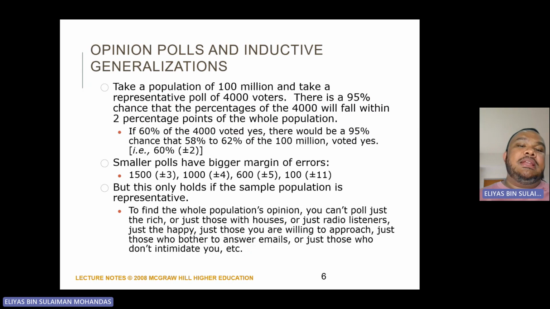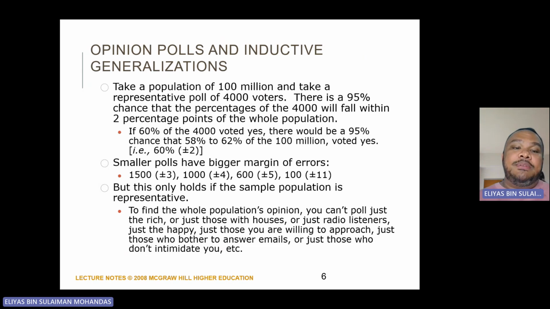Now, opinion polls and inductive generalization, when we talk about polls. Take a population of 100 million and the representative poll is 4,000 voters. How do you get 4,000 voters? Remember, I talked about the so-called jadual, that table that is available on the internet. You can search for it.